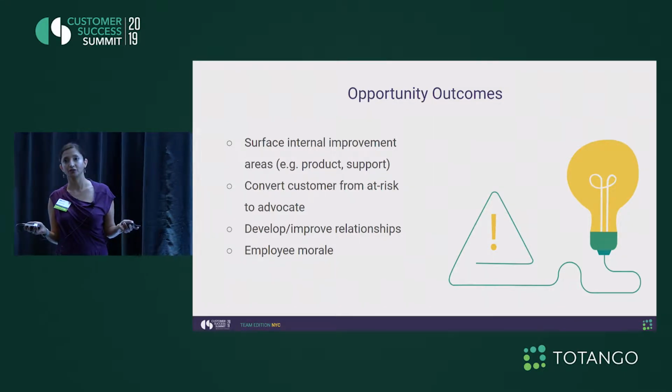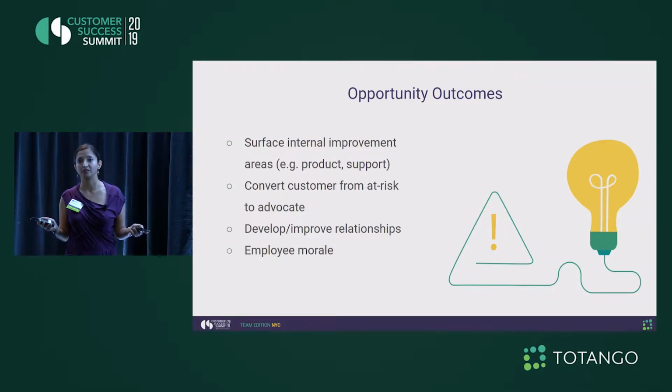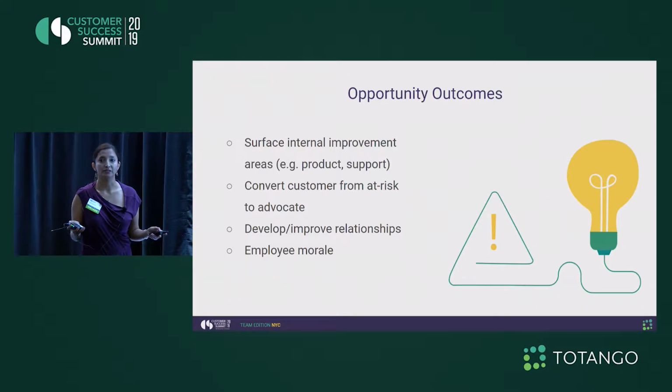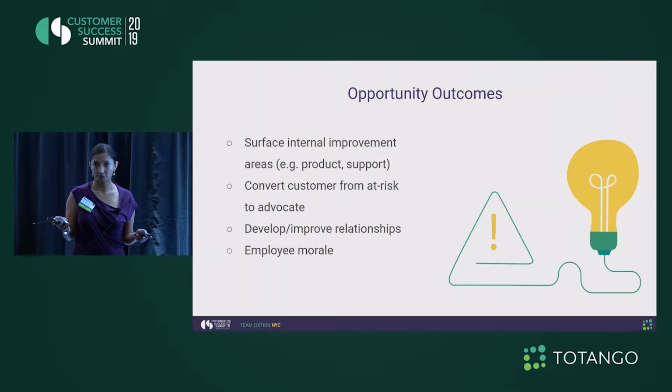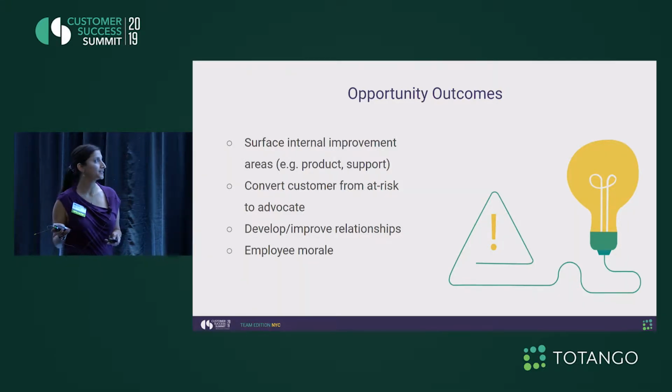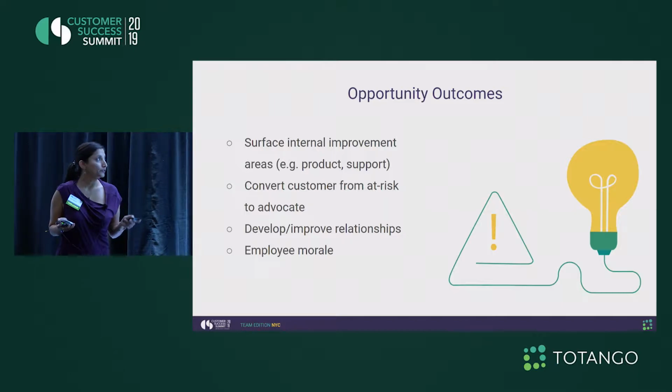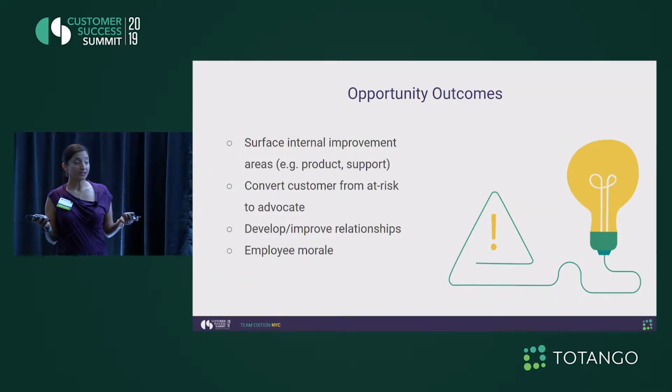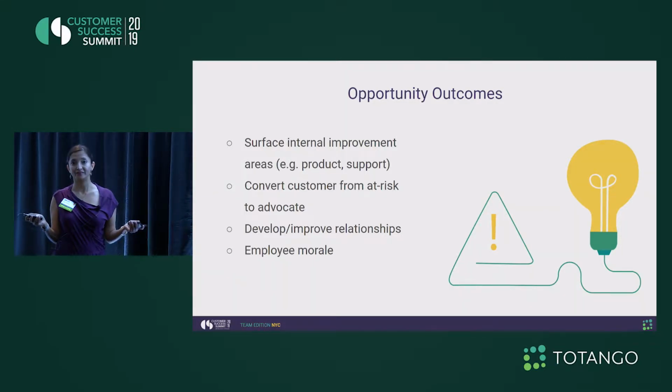Why is it taking so long to solve and close out some of these support tickets? Maybe there's a pattern between the critical support tickets that are coming through. It's another opportunity for the teams, everybody to work together to be able to continue to improve and refine in their respective areas. Now you've taken a customer that was at risk and turned them into an advocate.